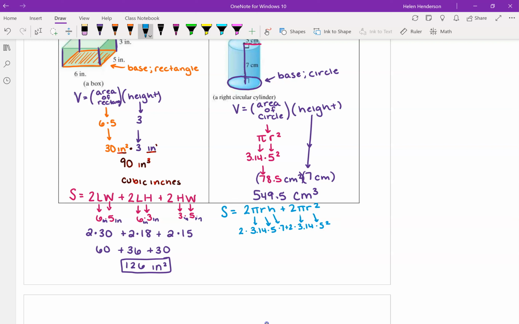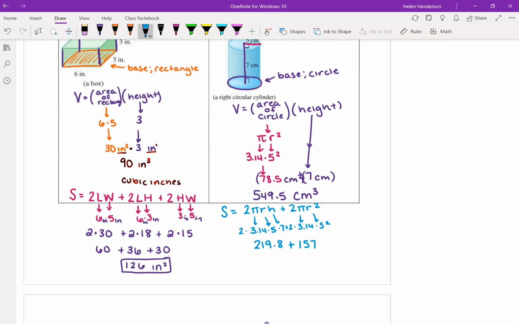All right, so let's get some numbers in our calculator here. So I have 2 times 3.14 times 5 times 7. That makes 219.8. And then plus 2 times 3.14 times 25, which makes 157.